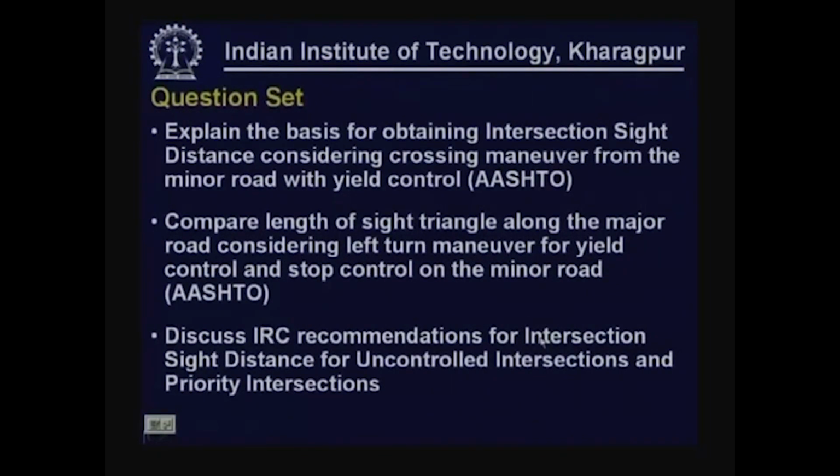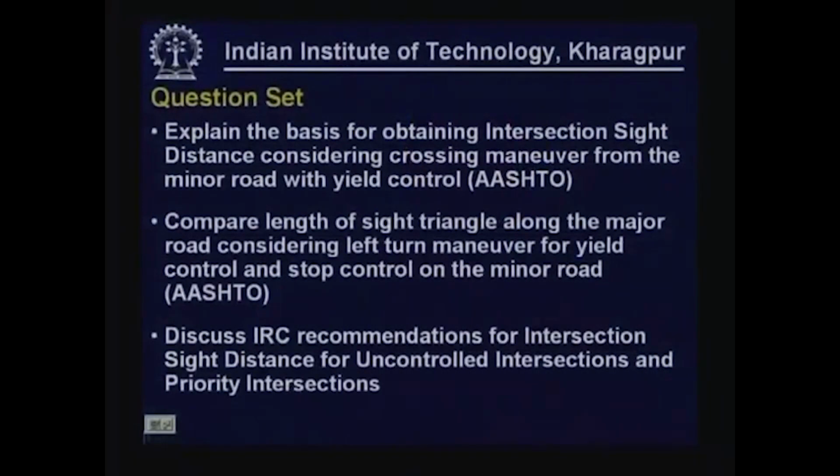Now, let us try to answer some of the questions. Explain the basis for obtaining intersection side distance considering crossing maneuver from the minor road with yield control. This is the basis used in AASHTO for this particular situation.